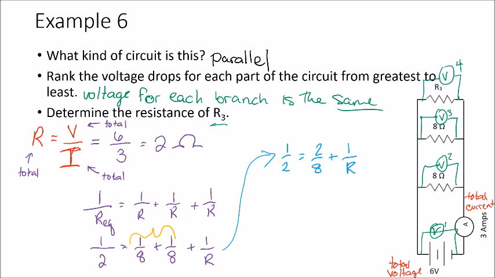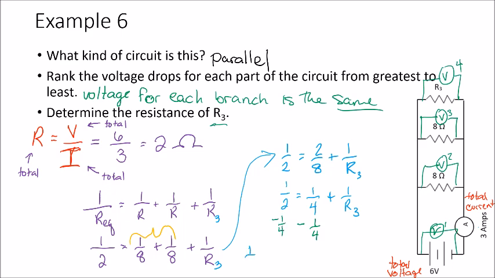We're not changing anything else in the problem, so we are keeping everything else the same. Now we can simplify 2 over 8 into 1 over 4. Solve like algebra. We can subtract 1/4 from both sides.